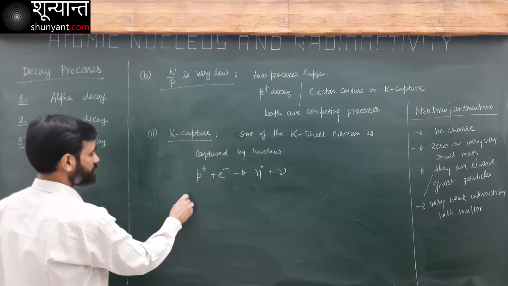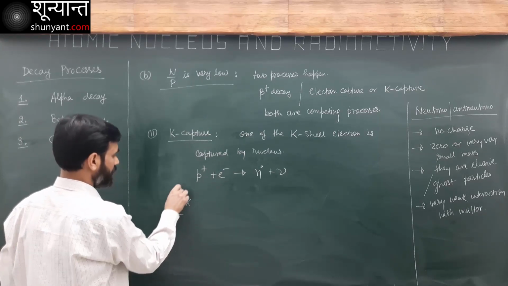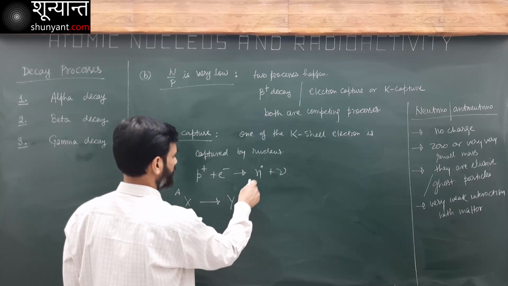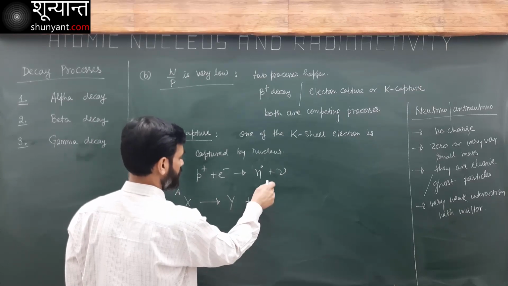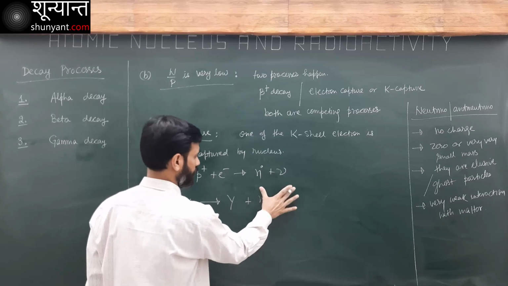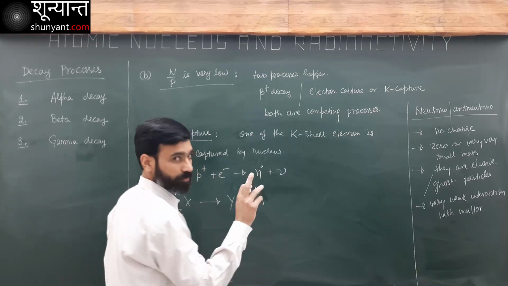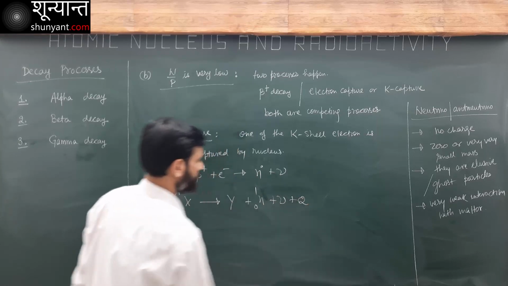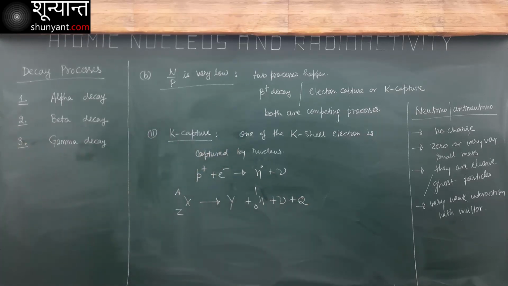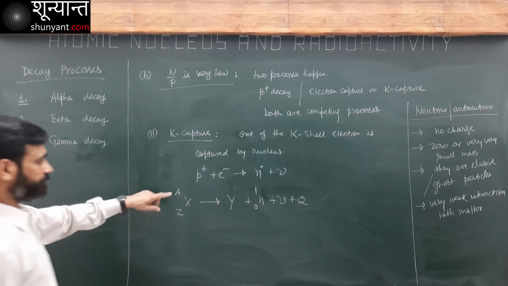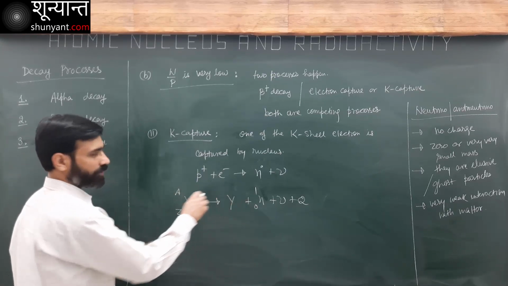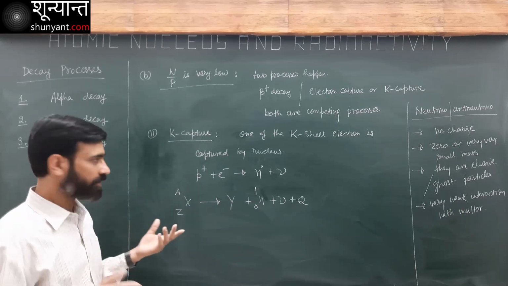Now what will be the displacement law here? Z and A converts into Y, plus I am getting this neutron here. Neutron will be 0 and 1. Neutron plus this neutrino plus energy. Energy is always involved. The total number of nucleons remains constant, it does not change.